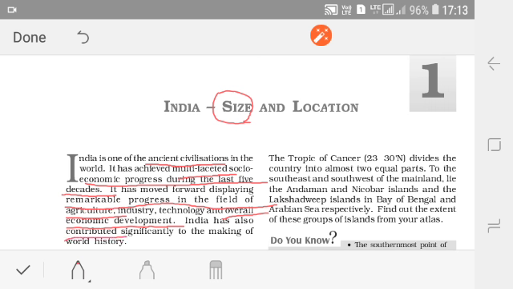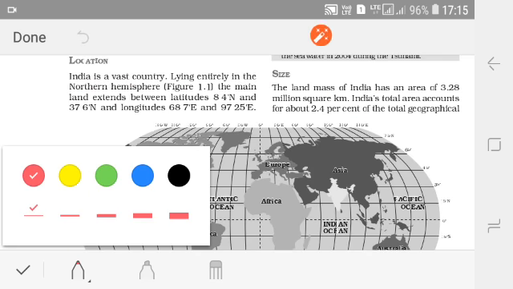Now see the second heading of the chapter, location. So if you see the map here, before teaching the location of India, we will tell you that any country is located between two extremes of a latitude or two extremes of a longitude. You should not get confused between longitude and latitude.